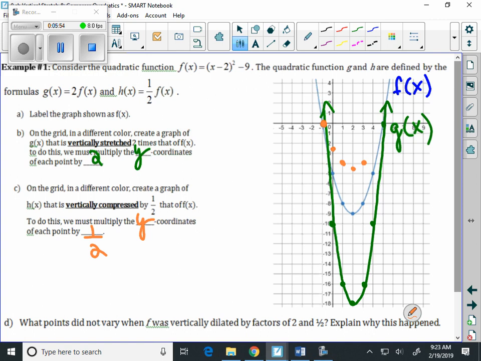The point 4, negative 5: negative 5 times 1/2 is negative 2.5. And our last point, 5, 0: 0 times 1/2 is 0. When we draw this function, which I'm going to call h of x, there's our vertically compressed graph.